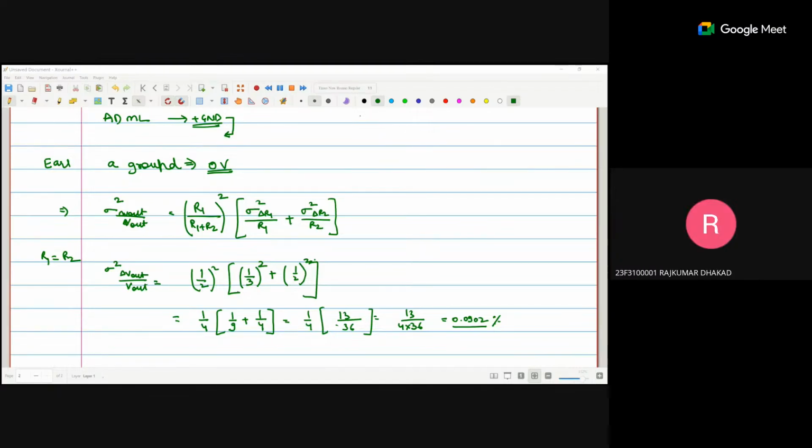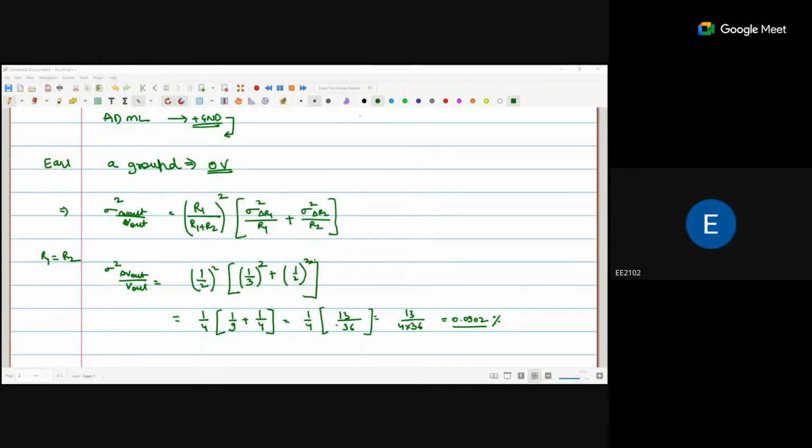That's why I'm asking. What answer are you getting? 0.001. At 100 hertz the value in dB is mentioned as 68.